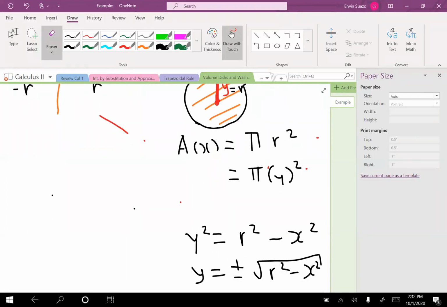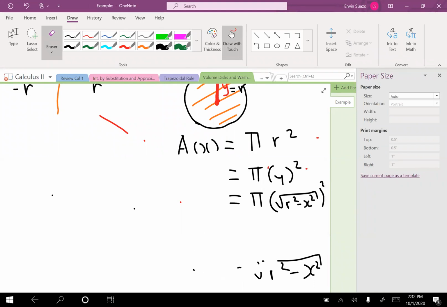So that will be pi times the square root of r squared minus x squared, squared. But now the square cancels with the square root.